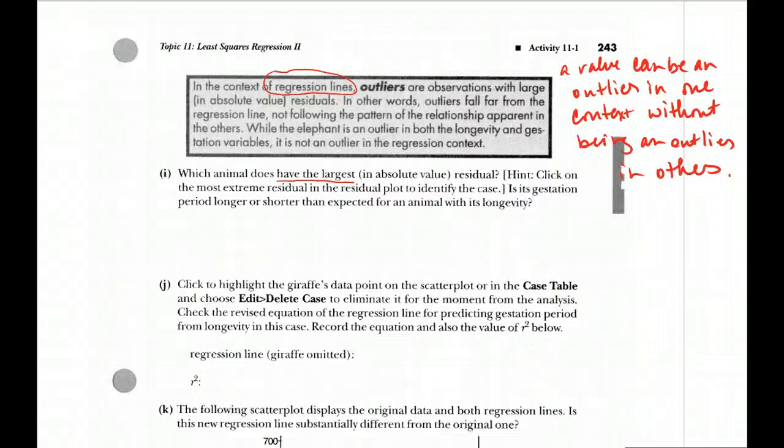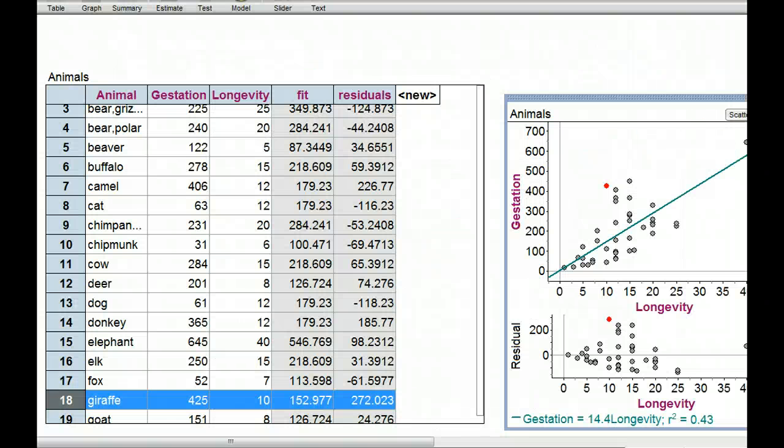Okay, so the giraffe has the largest residual. Is its gestation period longer or shorter than expected for an animal with its longevity? If you look at the chart, you see that the fitted value is 152, which is much less than it would have been predicted.